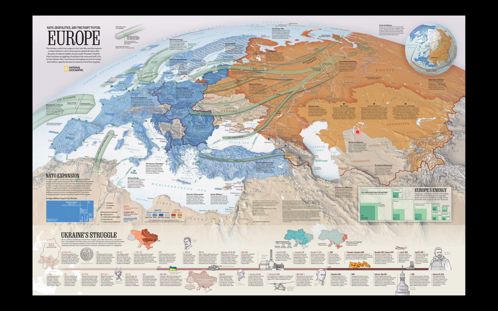Here's a good example of bad balance, or a bad example of balance, I guess. Here we have a map that's showing the push and pull factors of NATO and of Russia, and how they're intersecting in Ukraine, and how it has to do with energy. There's all this information about Ukraine's history here, and there's a locator map, and there's a little title, and there's flow lines going everywhere, and there's another data graphic down here, and another data graphic down here.